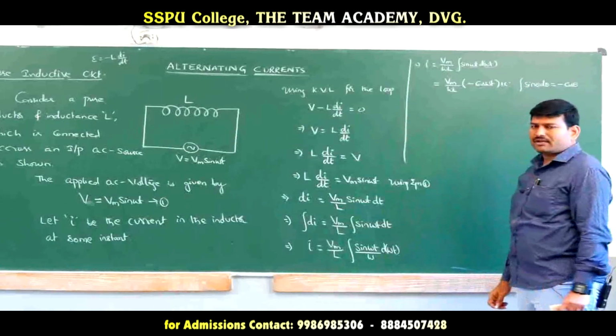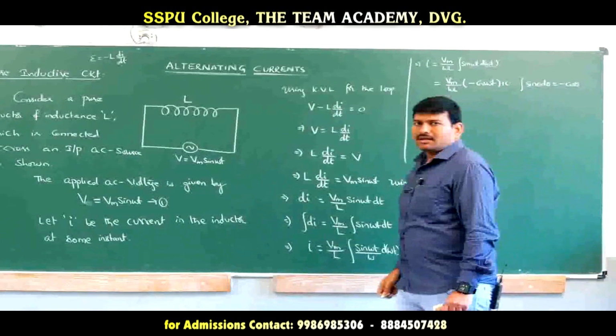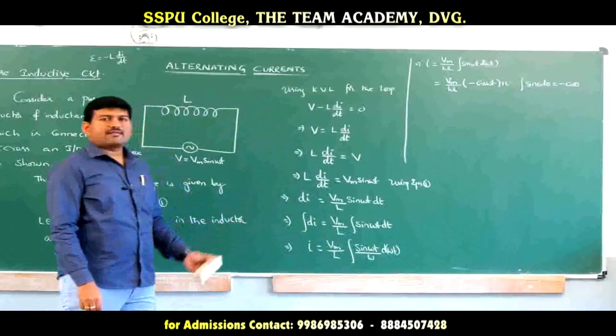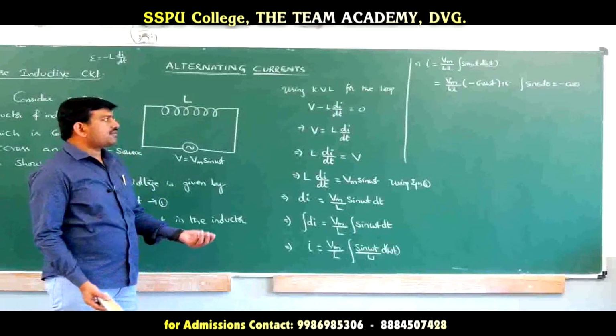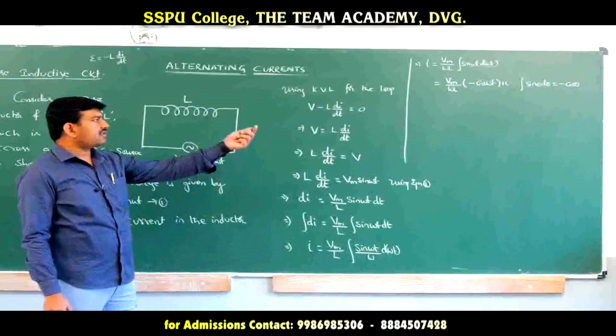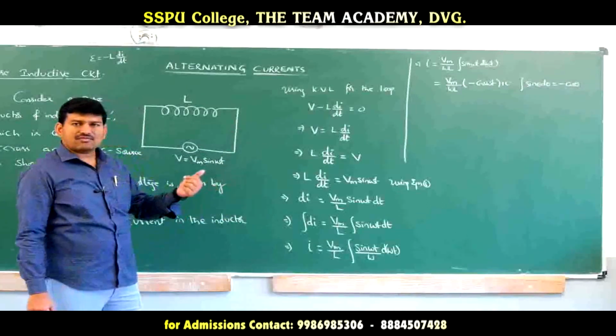The value of c is obtained by applying the limits, that means taking the extreme conditions. We know that at t equal to 0, the current in the circuit is equal to 0. So applying that, the value of c is found to be 0.